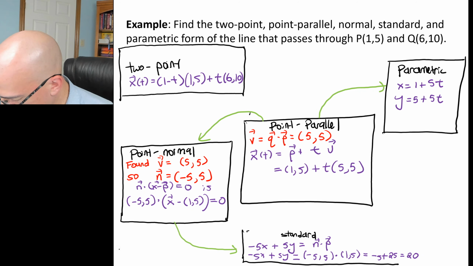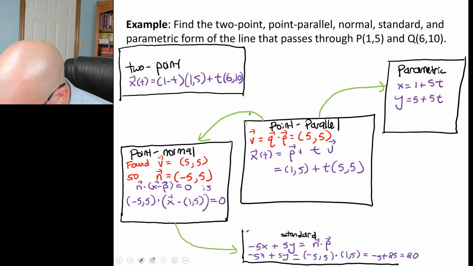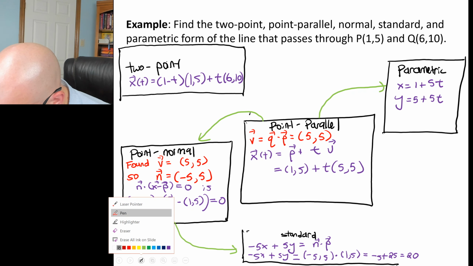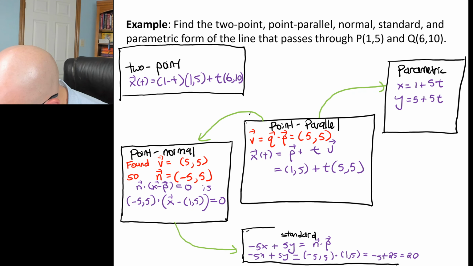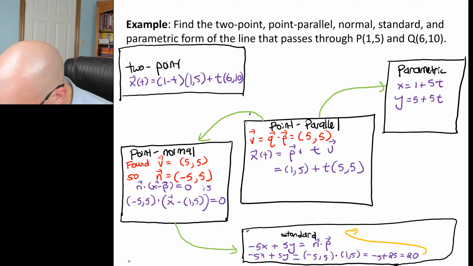I have many regrets from drawing the boxes the way I drew them, but that's okay. So we'll just continue this up here. So we have negative 5x plus 5y equals 20.